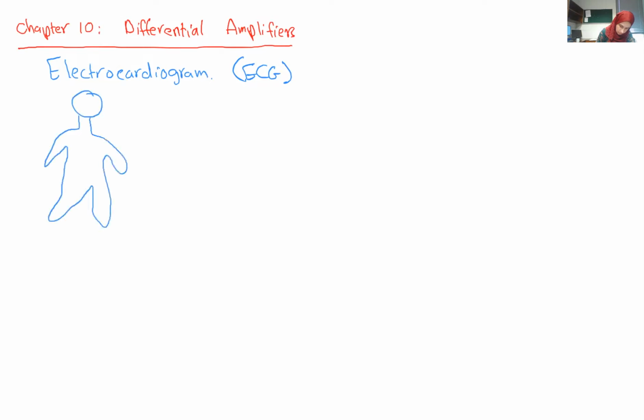excuse my drawings. Basically they fix, let's say, an electrode on the arm of the patient and one electrode on the ankle of the patient. This one is connected to ground, while the one coming here, around 10 times, the ECG waveform looks something like this.